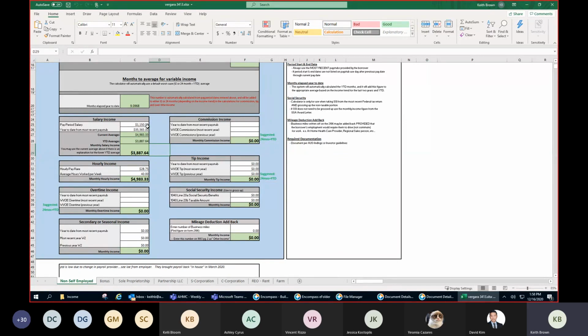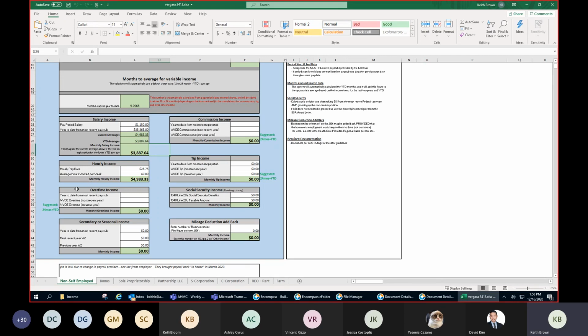Okay, good question. All right, what you will do is, if you are averaging, the first question is when do I have to average income? I have to average income when I have variable hourly income, all right? If I have consistent hourly income, which I kind of have here, right? I have consistent 40 hours a week, and my year-to-date supports consistent 40 hours a week.